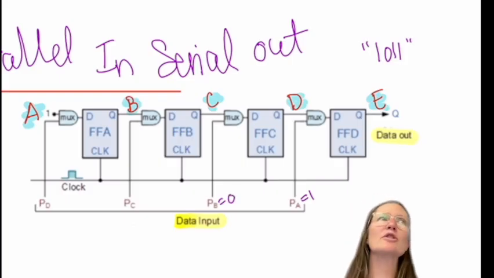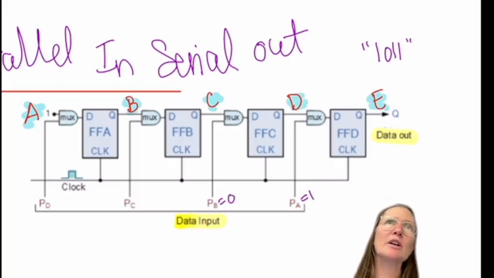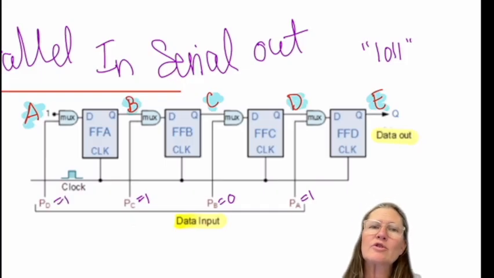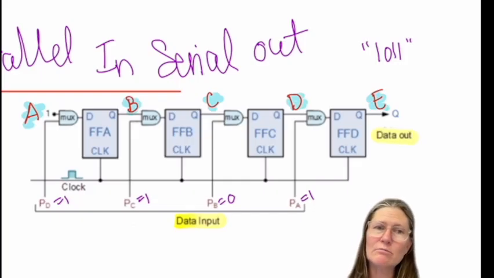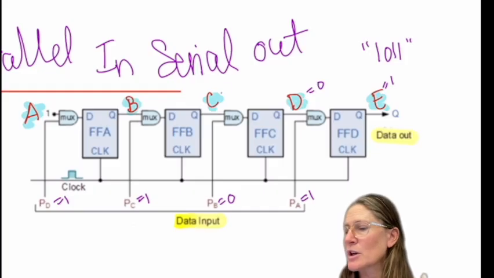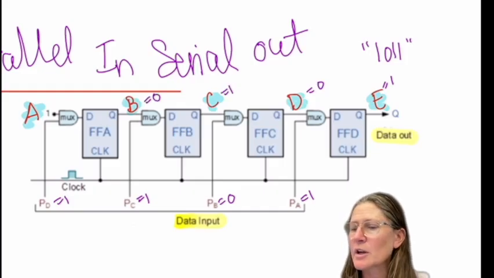So you want to make sure your most significant bit is going in as it comes out first. 1. So this is how it looks before the clock cycles, so clock 0. And then after the first clock cycle, you're going to have a 1 here, a 0 here, 1 here, and 1 here.